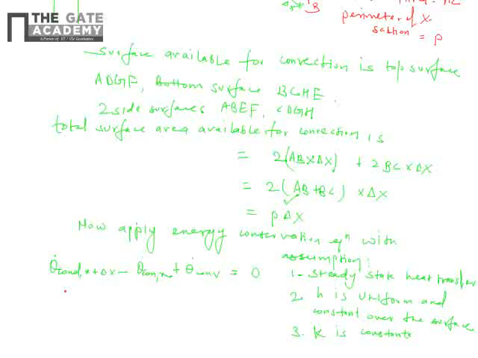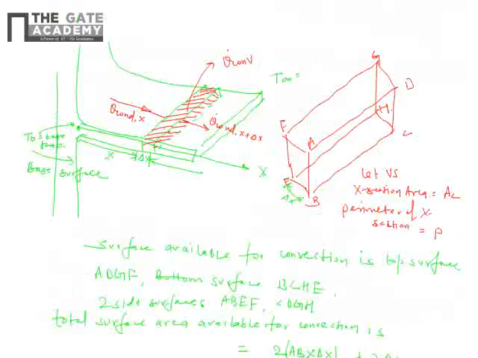If we go on further and simplify this, we will get (Q dot conduction at x plus delta x minus Q dot conduction at x) upon delta x plus hP (T minus T infinity) is equal to 0, where T infinity is the temperature of the fin surrounding.